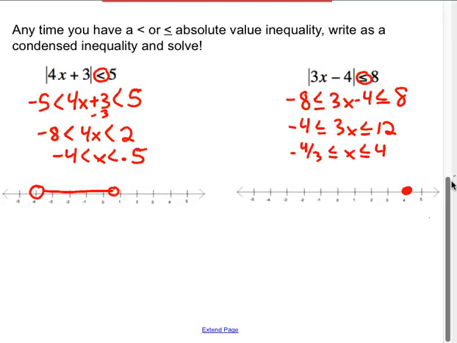Now here, -4/3 is about -1.3. So I'm going to put that about right there. And then it's condensed between those two values. So again, ultimately, that's what we're going for. Now, so that's less than.